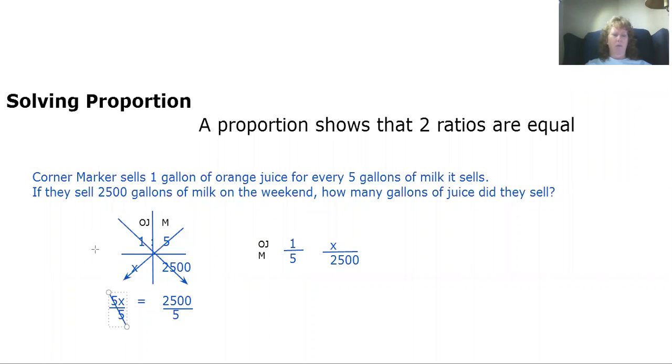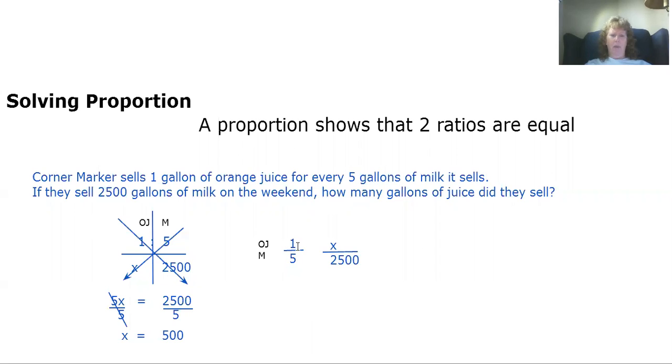Anytime you multiply by a number and then divide by that number, it will cancel out. Or if you divide by a number and then multiply by it, since they're opposite operations, one will cancel the other out. That will leave us with x on this side, and 2,500 divided by 5 is 500. So that's the amount of orange juice they sold on the weekend.